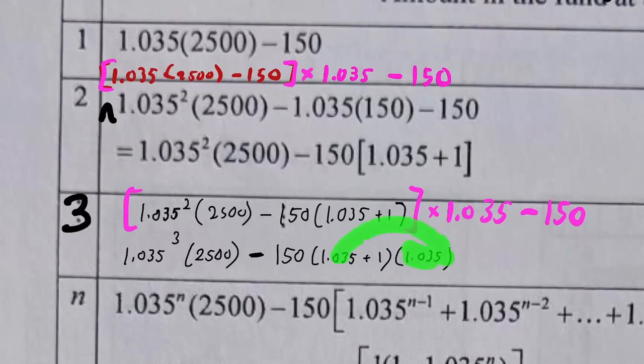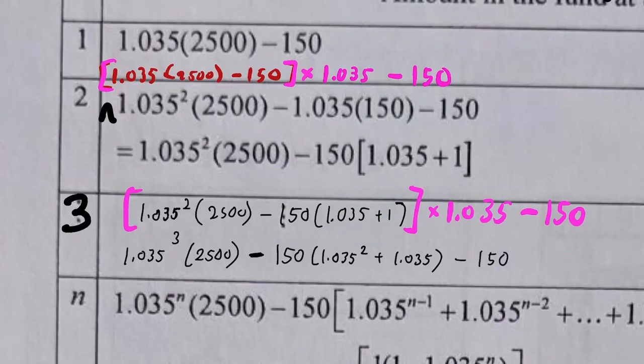This time times it in. Okay, don't touch the 150. You don't go and times the 150 with 1.035. The 1.035 is a single factor, so you can only multiply it one time inside. Don't use it 2 times. The 1.035 only multiplies into the expression here with two terms in the bracket. And then minus away 150.